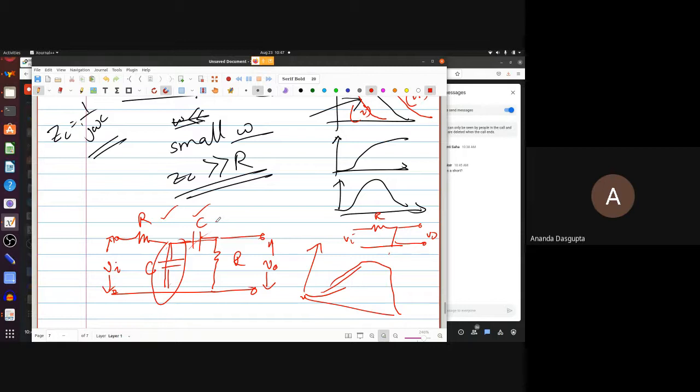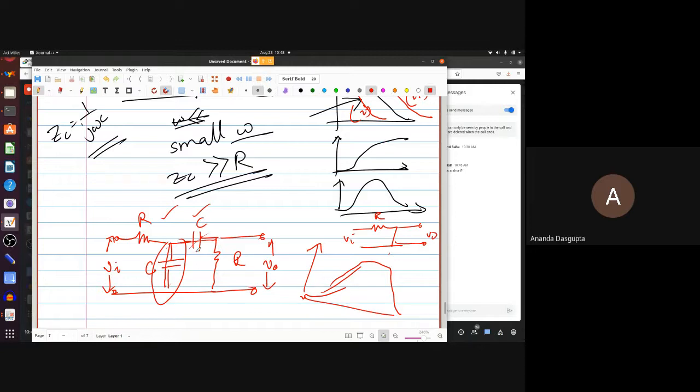It says the voltage drop across two ends of an impedance will be large when the current through that impedance is large. That is something you have to bear in mind whenever you do calculations or think of things like this. It's always a voltage drop that you're talking about. Here, the output voltage is a drop across this R. So when zero current flows through the R because the capacitor has blocked everything, there will be no voltage drop across R. So that's a low frequency scenario.